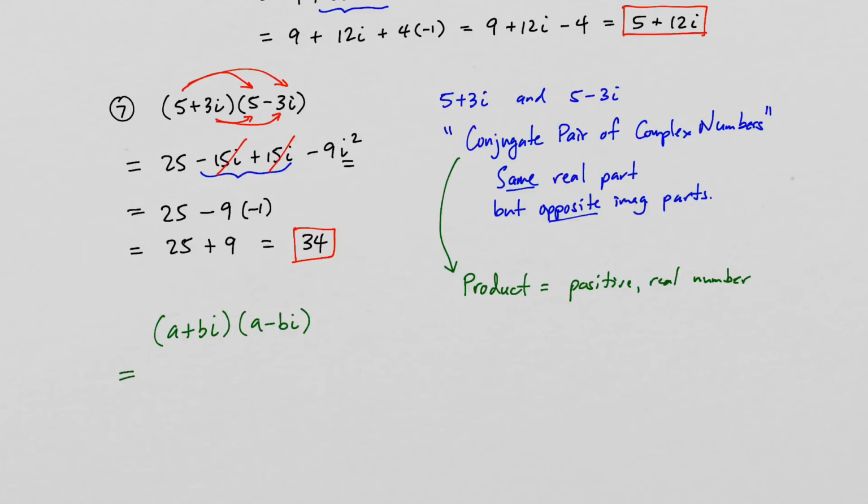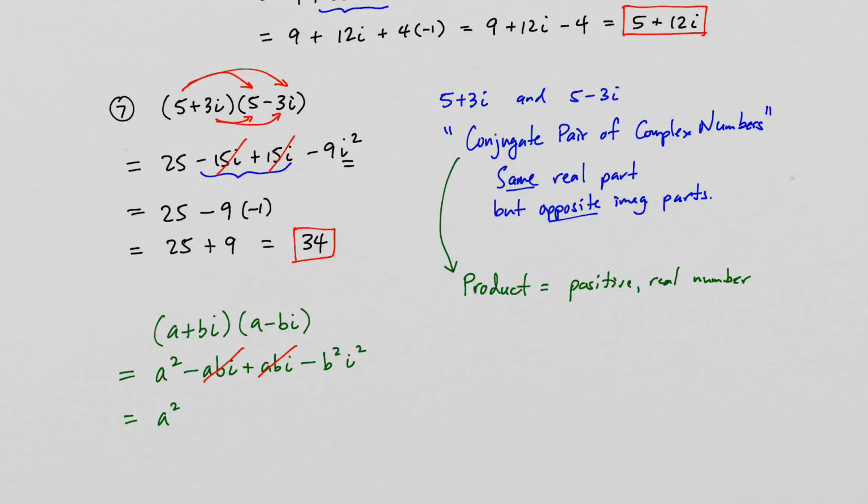And if you take the product using FOIL, you get a squared minus abi plus abi minus b squared i squared. And you can see that even when we do this in general, these middle terms always cancel out. And you end up with a squared minus b squared i squared.